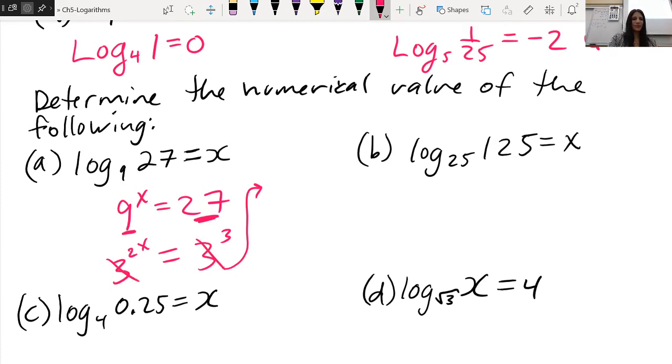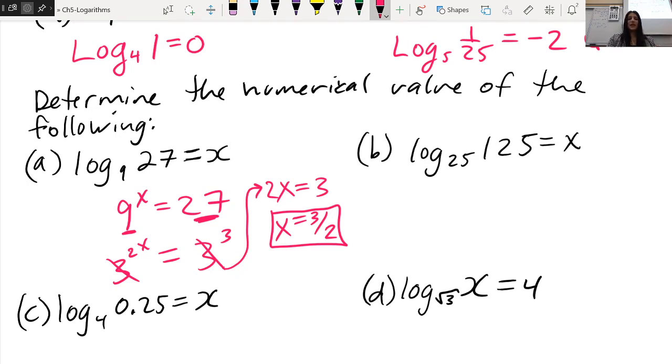Yeah, so we're kind of pretending that we're getting rid of the bases, but we talked yesterday about how that's not actually a real thing, but we can use that rule number 8 from yesterday to help us work our way through this. And then do you see that x just ends up being 3 over 2? Good?